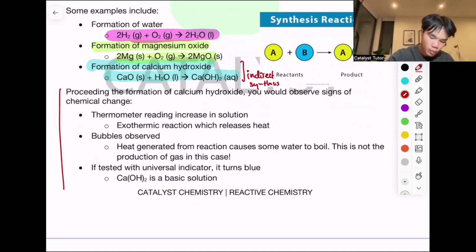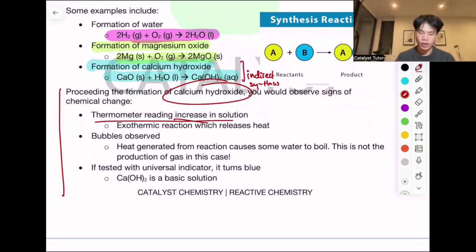And then just as an example, if you did form calcium hydroxide, how would you know that this reaction has proceeded? We go back to the indicators that we talked about before. If there's an increase in temperature, this reaction is shown because it's an exothermic reaction.